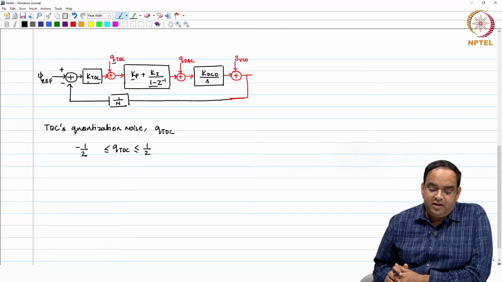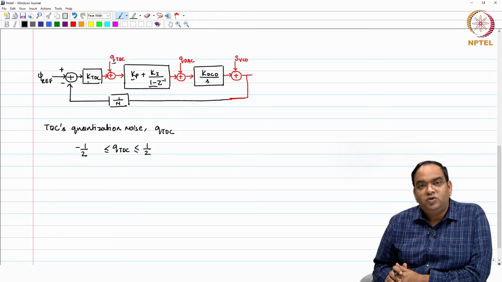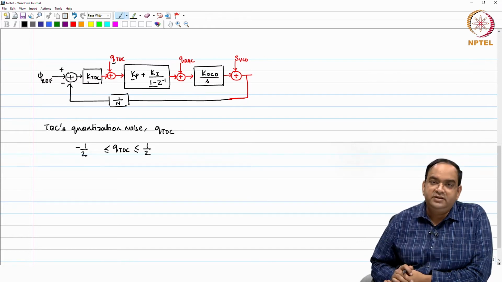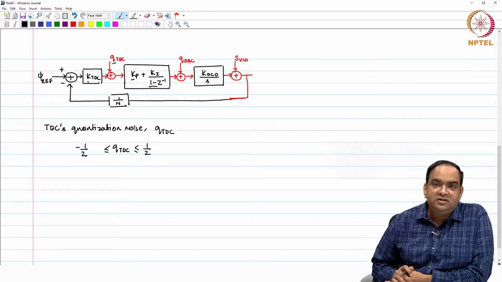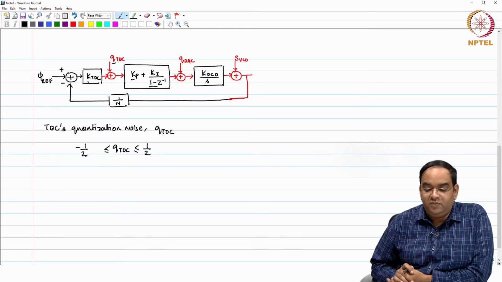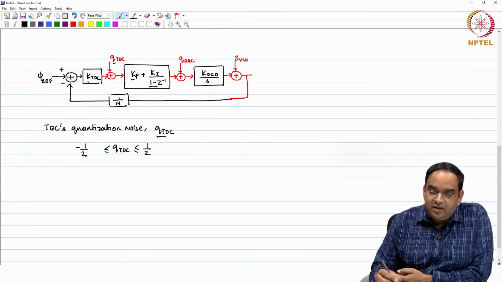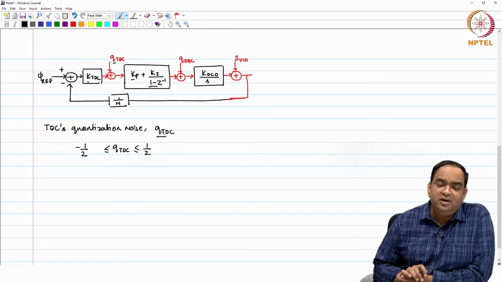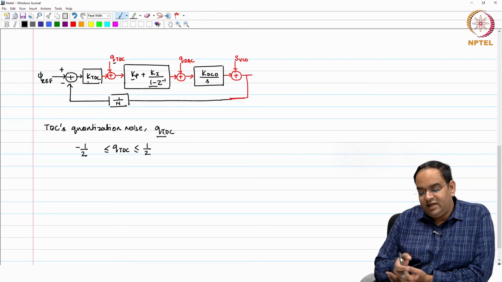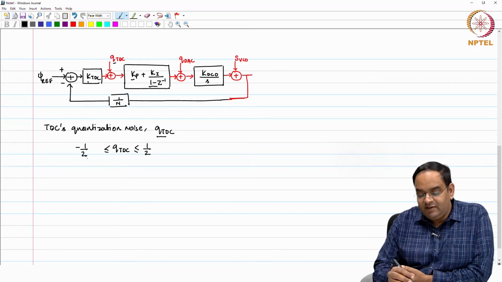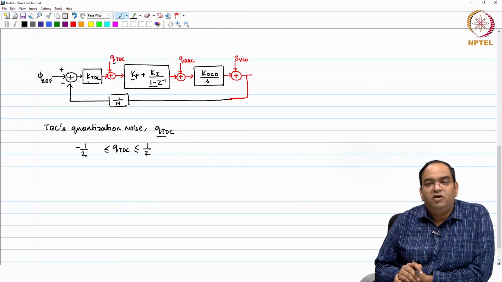Here I would like to call this quantization noise, under the assumption that you have noise in the system, the noise of the VCO and any other current or thermal noise, QTDC has a uniform distribution. If you look at QTDC at one instant of time, it may lie anywhere between minus half and half, the probability of it lying there always remains the same.